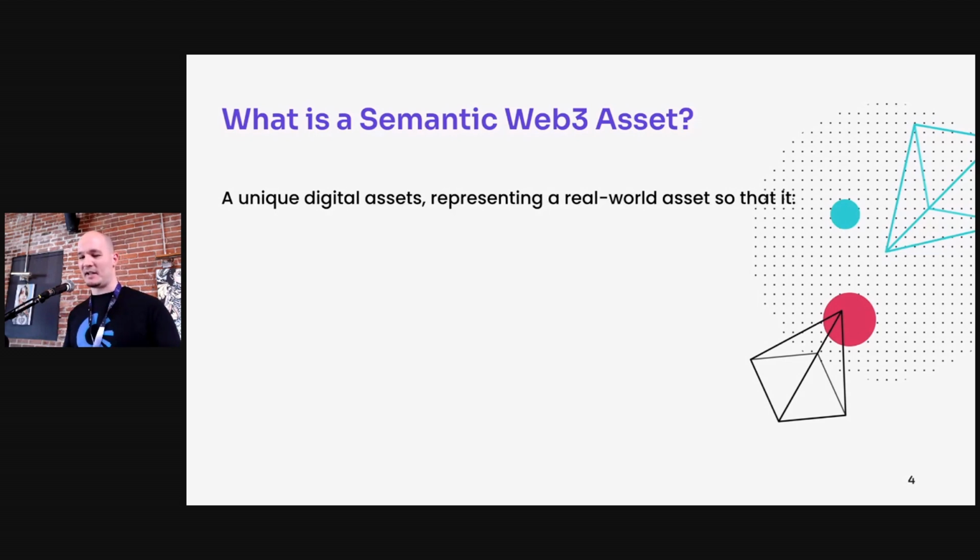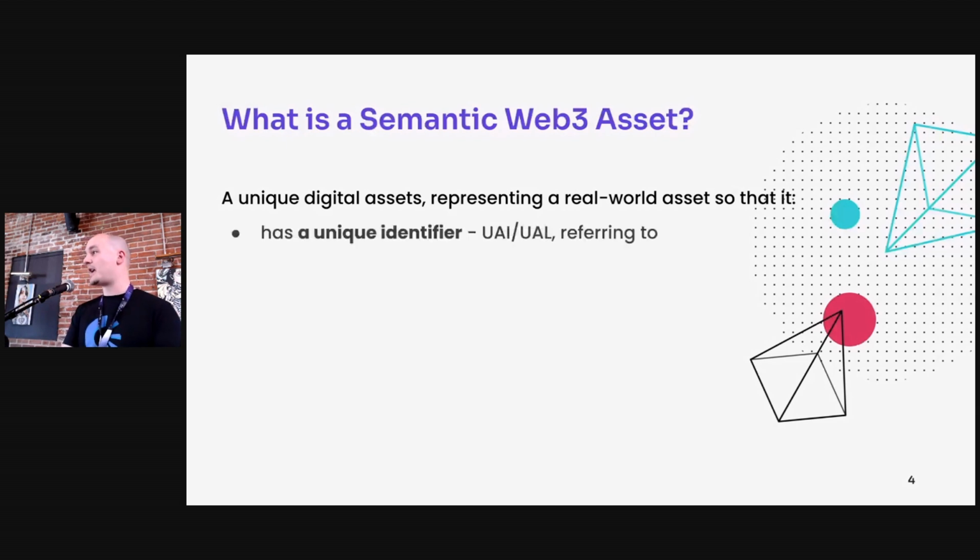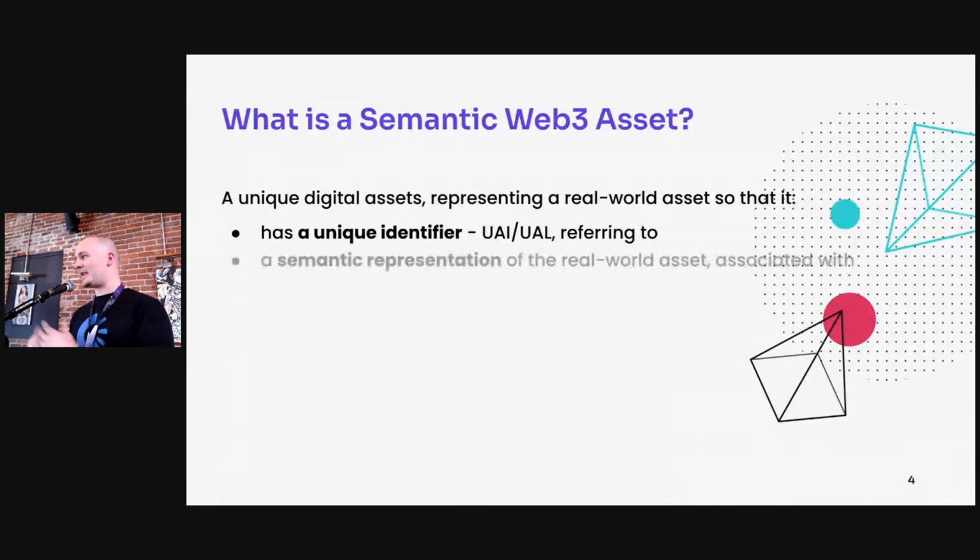And basically it says that these Semantic Web3 assets are unique digital assets representing a real world asset, so that it has a unique identifier. And actually we call that the unique asset identifier, and correspondingly it has a unique asset locator, akin to URIs and URLs. They refer to a semantic representation of the real world asset.